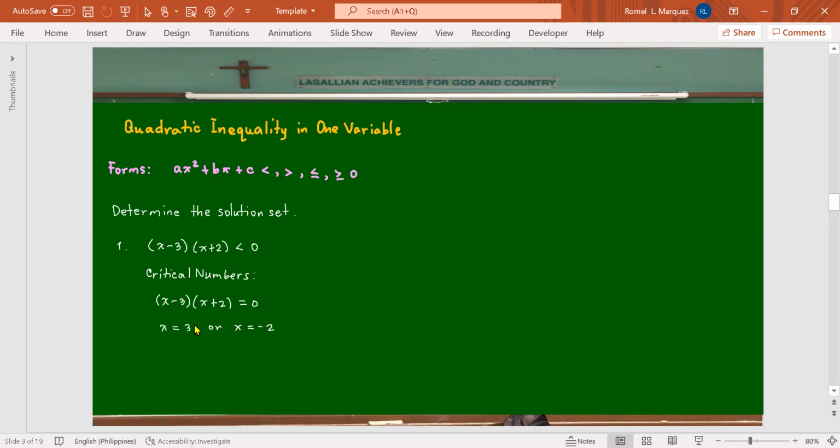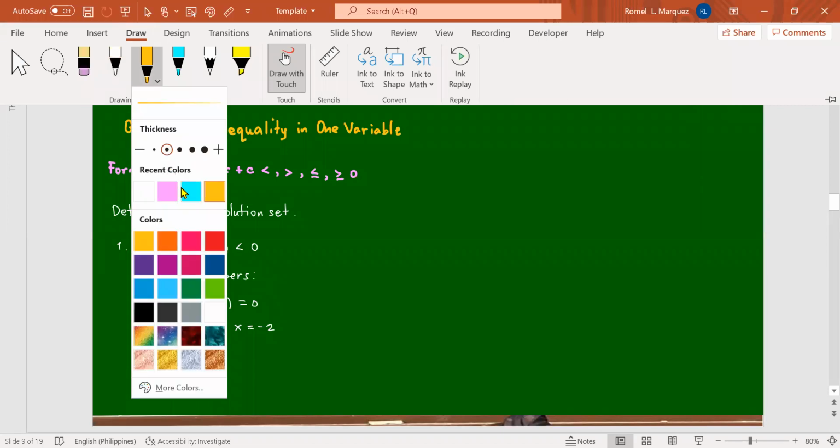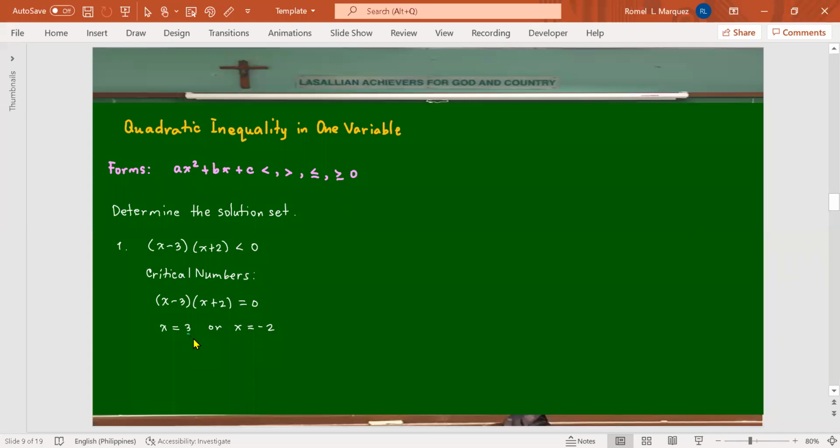Yes. We call these numbers critical numbers, or cut-off points. These numbers will serve as our guide, because this product, (x minus 3)(x plus 2), is neutral when x is 3 or when x is negative 2, meaning it is equal to 0, not less than 0, not greater than 0.